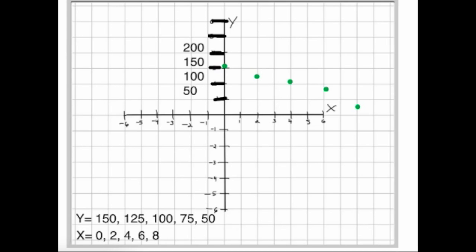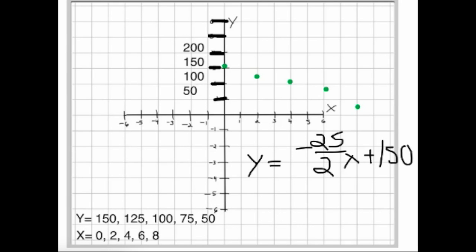Now mine's a little less accurate than yours will be, but use your ruler to go ahead and plot a line. The linear equation for this graph will be y equals minus 25 over 2 x plus 150.